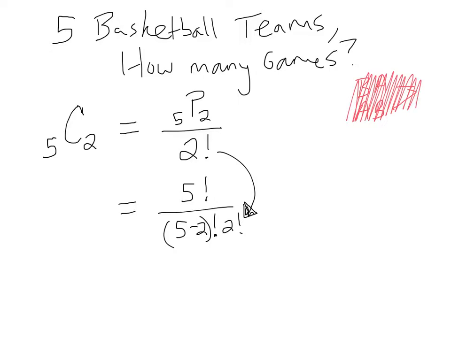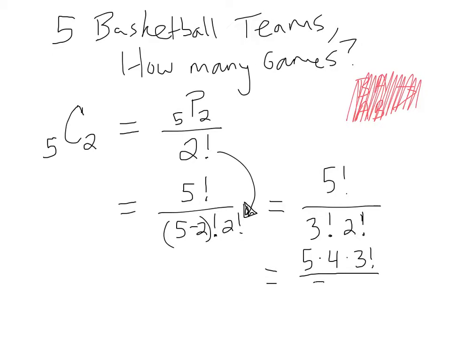So here we are. Now we just got to do some maths. This can simplify. The numerator stays the same. On the bottom, the denominator has 3 factorial, 5 minus 2, and then 2 factorial. Well, the top is really 5 times 4 times 3 factorial. Maybe you know why I stopped at 3 factorial, because there's a 3 factorial in the bottom.